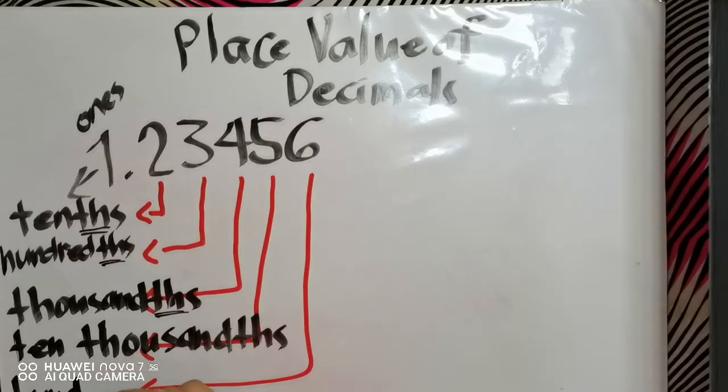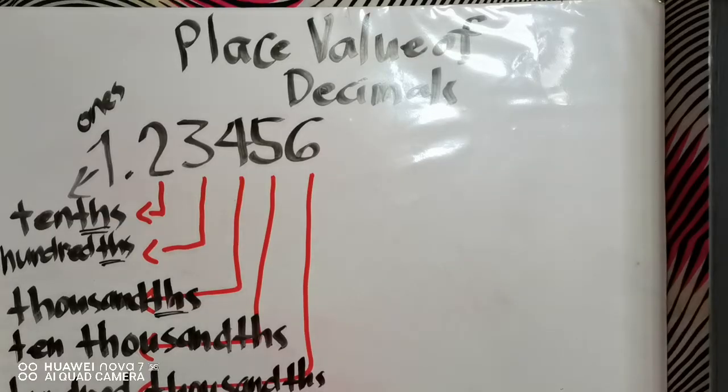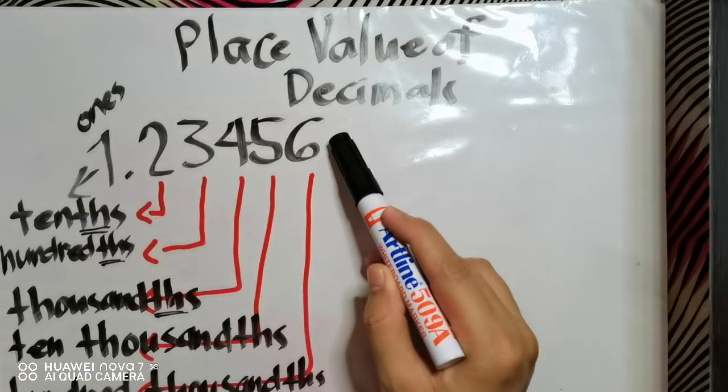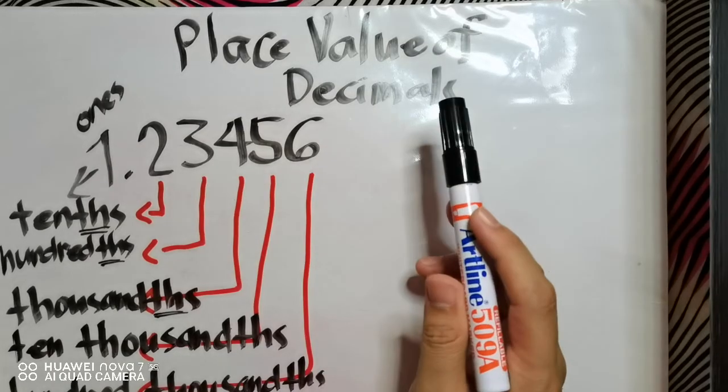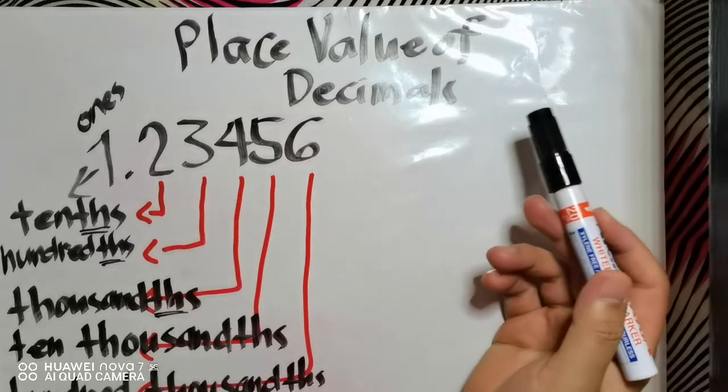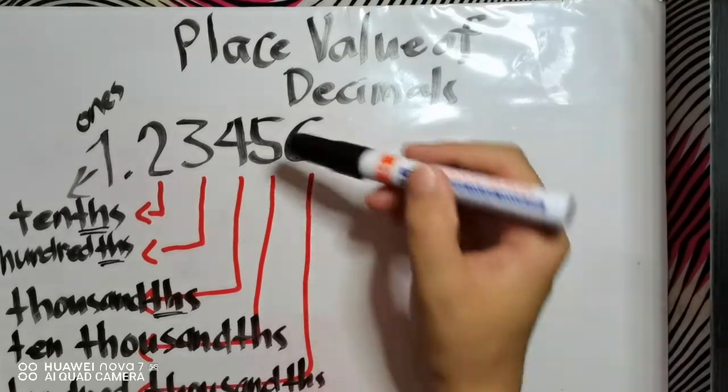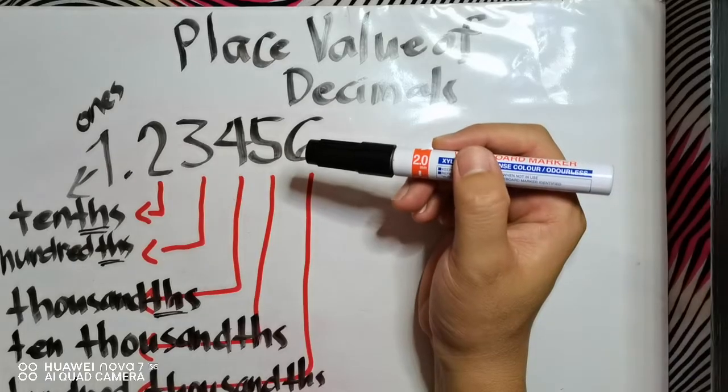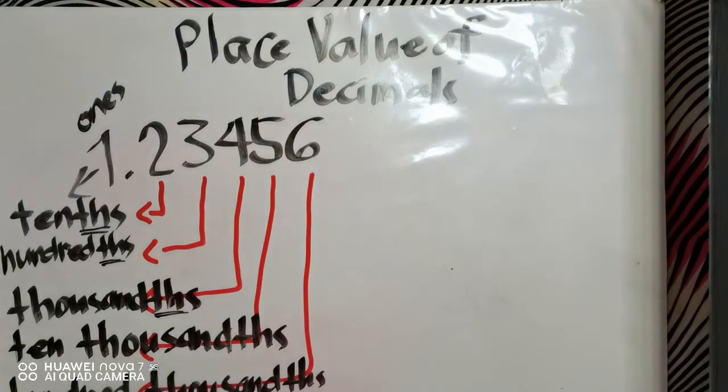Pero, since we will be focusing only hanggang 10 thousandths, dagdag na lang natin. But remember, the place value of decimals doesn't end with 10 thousandths. Mahaba yan. So, after 100 thousandths, susunod na dyan ay millions. And then 10 millions, followed by 100 millions, and so on and so forth. We will just be focusing on 10 thousandths place. Again, remember, take note of the spelling.